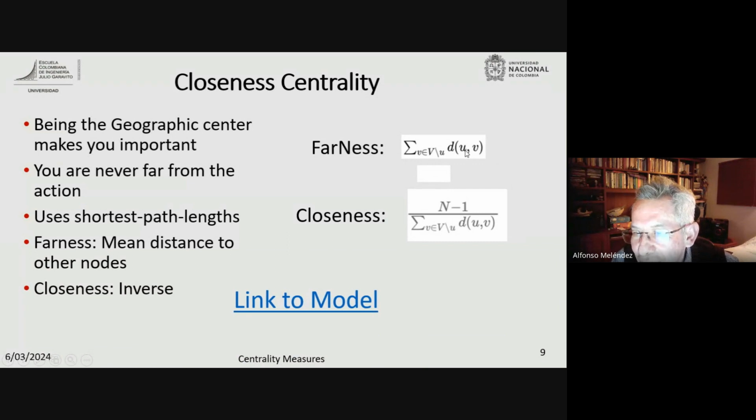The sum of all these distances from one node to the other nodes is what is called the farness. If you divide this number, the farness, by the number of nodes, you obtain a normalized farness, okay? And the reciprocal of the farness is the closeness. So if farness is 4, closeness is 1/4, okay?